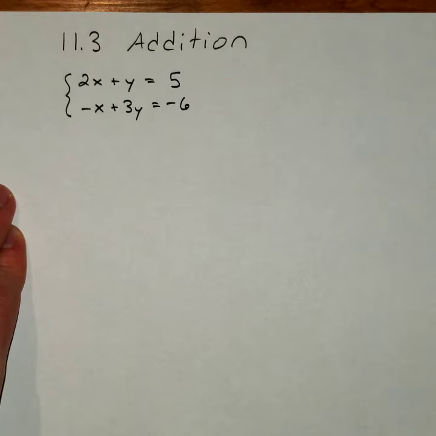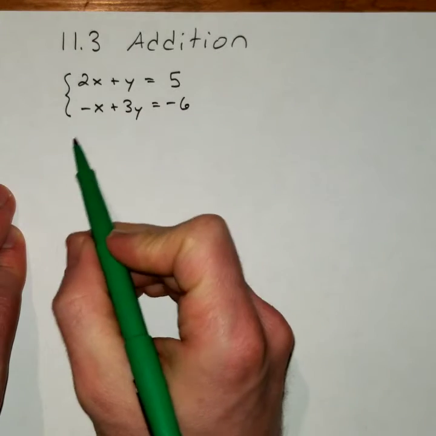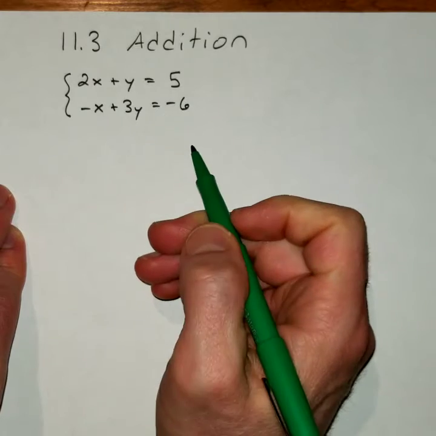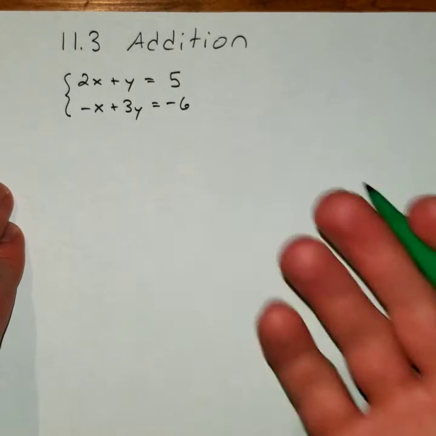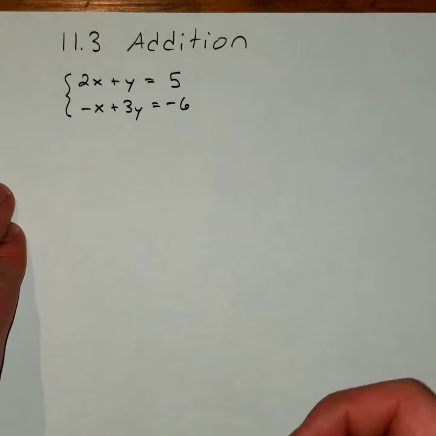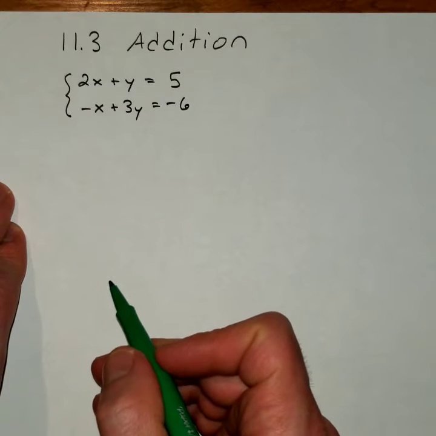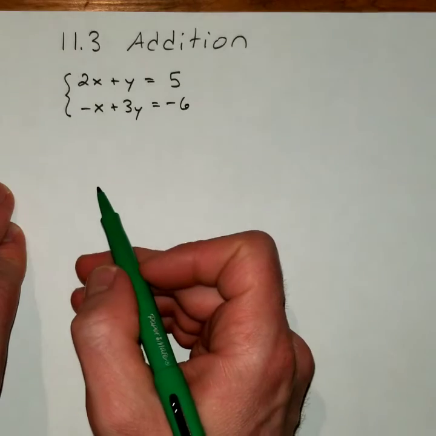I talked about in the last video the idea of the multiplication principle of equality. The fact that I can multiply both sides of an equation by anything I want. The equation's still true and the solutions are still the same. And so I'm going to pick a number.